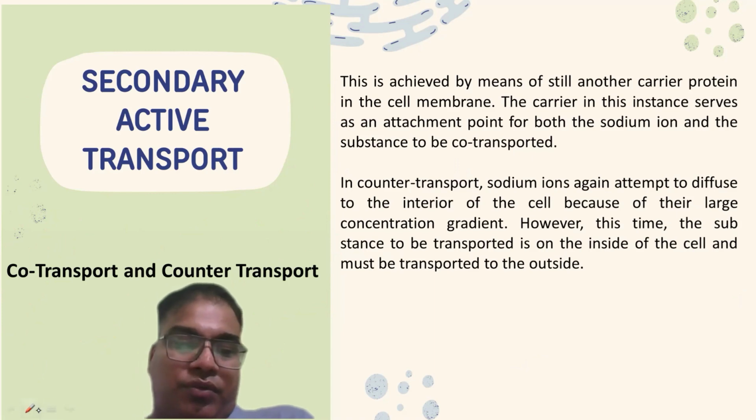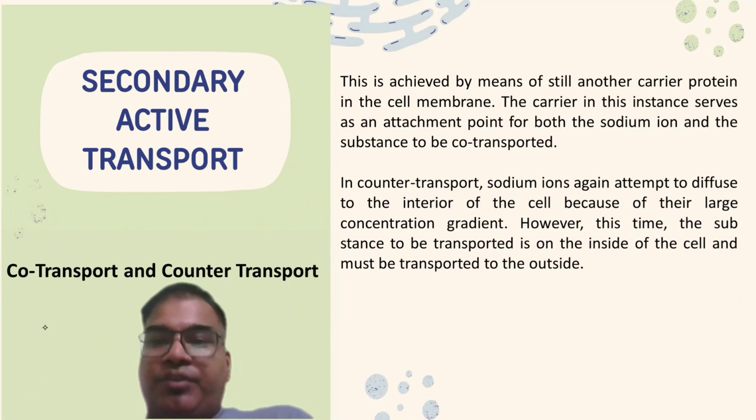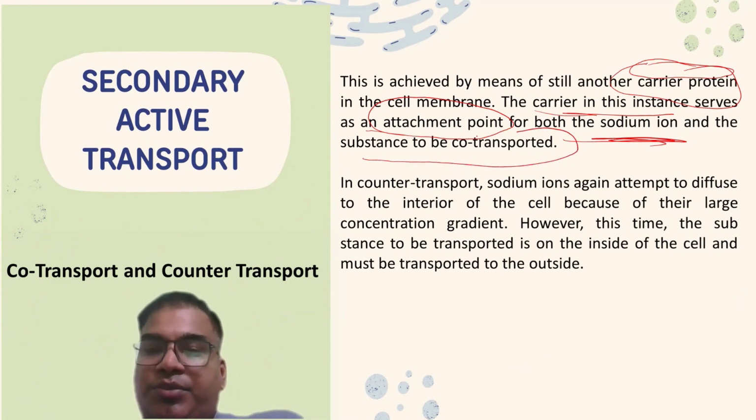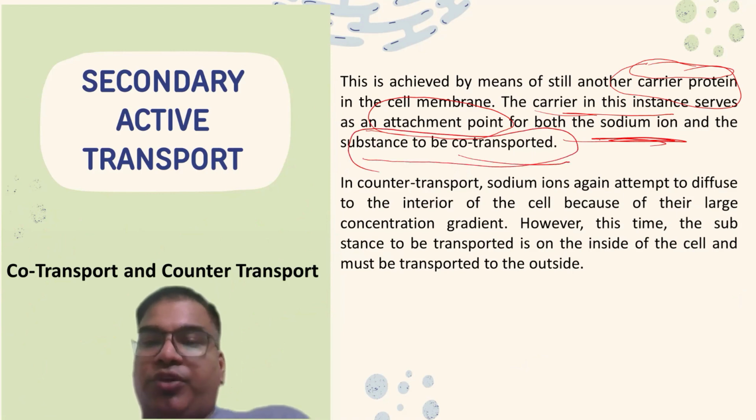This whole mechanism, basically, there is a carrier protein which is responsible for the movement of these ions. The carrier protein has an attachment point for both the sodium ion and the substance which is co-transported with the sodium.